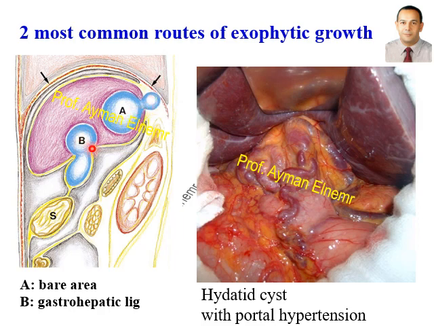And the second route is through the gastrohepatic and gastroduodenal ligament, and so the cyst may compress the portal vein, lead to portal hypertension and collateralization, as shown in this photograph.